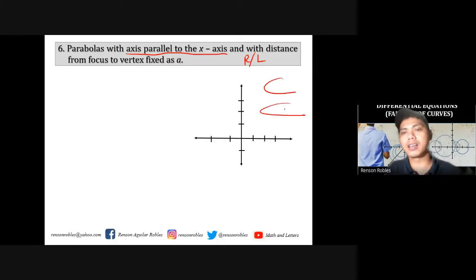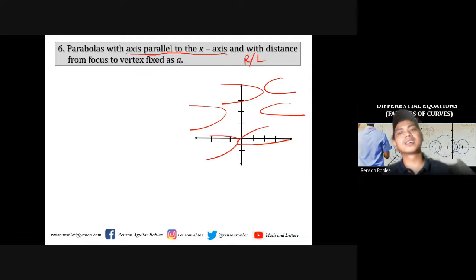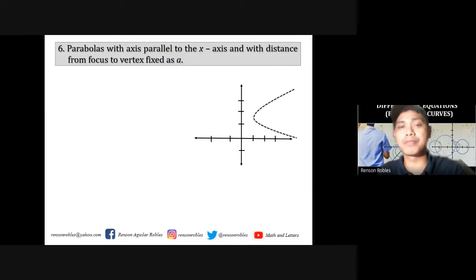Since the parabola has a horizontal axis, that's the axis of symmetry of the parabola. Let us choose a representative member of the family.